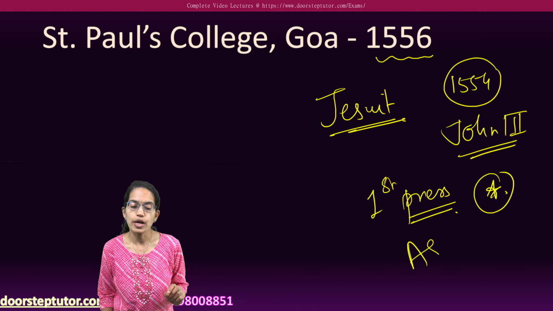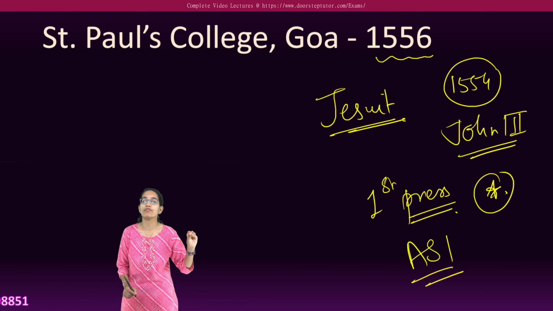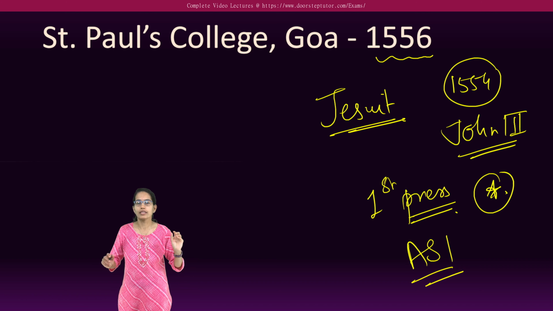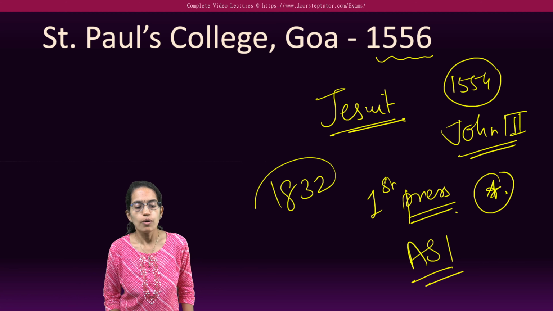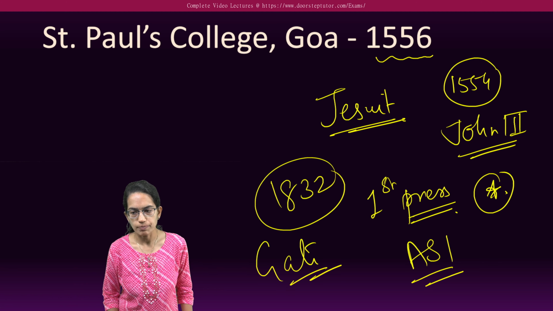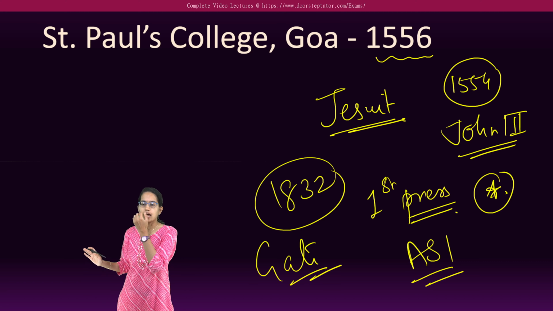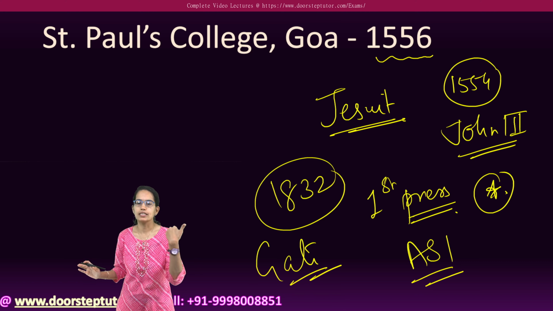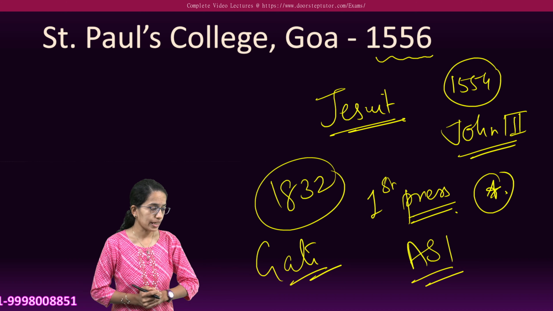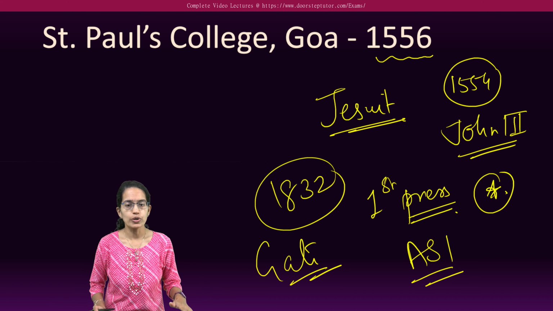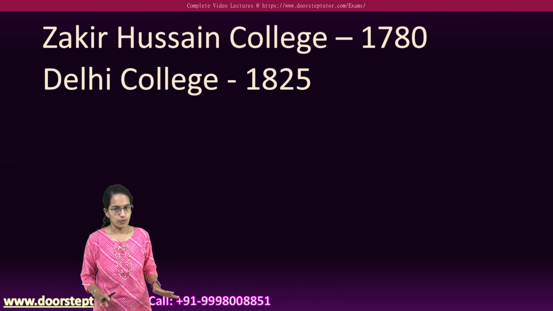It is also an Archaeological Survey of India protected monument of national importance in Goa. The complete college was demolished in 1832, and only the gate remains, which signifies that this was the college. So, a very important one, no longer in existence, demolished in 1832, but yes, an important one.